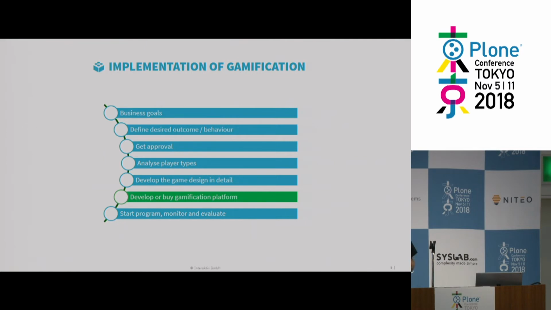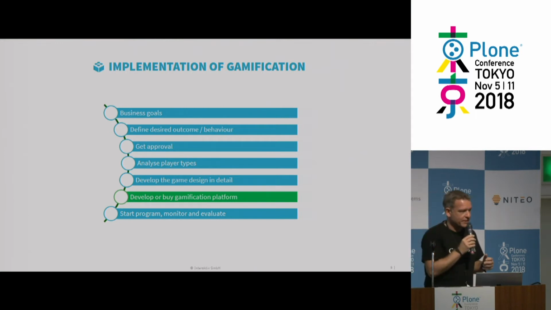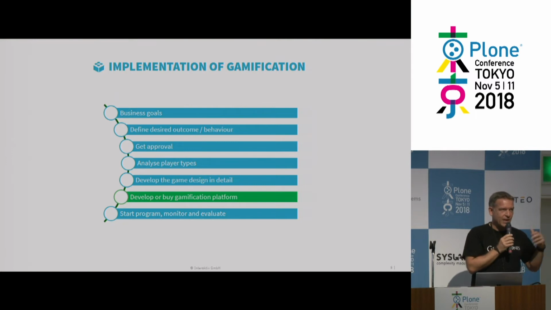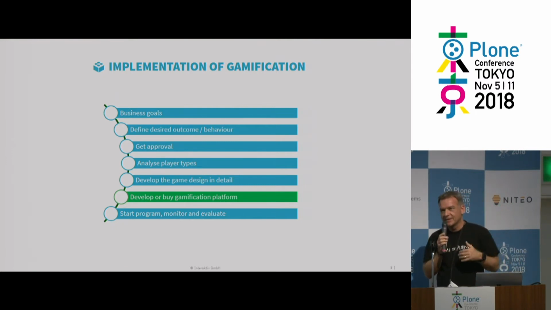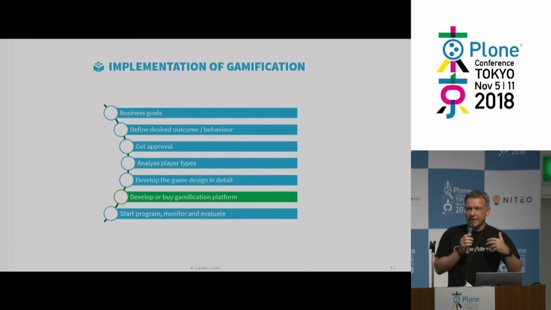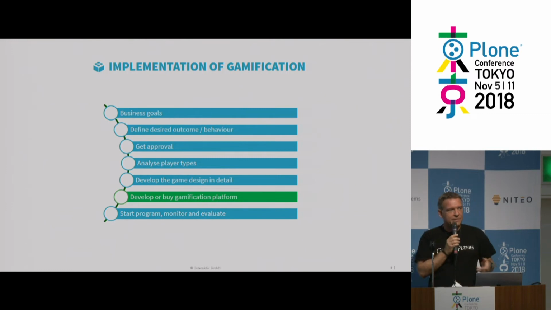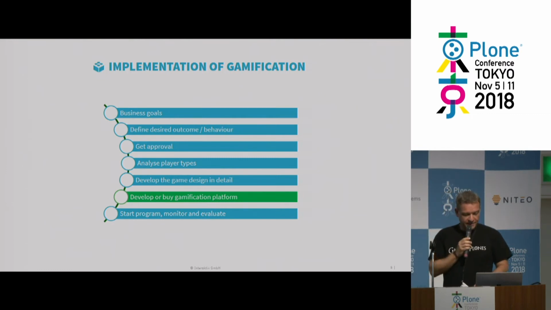You should always, like in Agile, like in Scrum, have the feedback process. You want to know from your players how they feel about the game, is it okay, and you for sure have to adapt after a while. You have to get new quests, you have to change the topic of your game and so on to keep it fresh, and to keep people really motivated to play on.